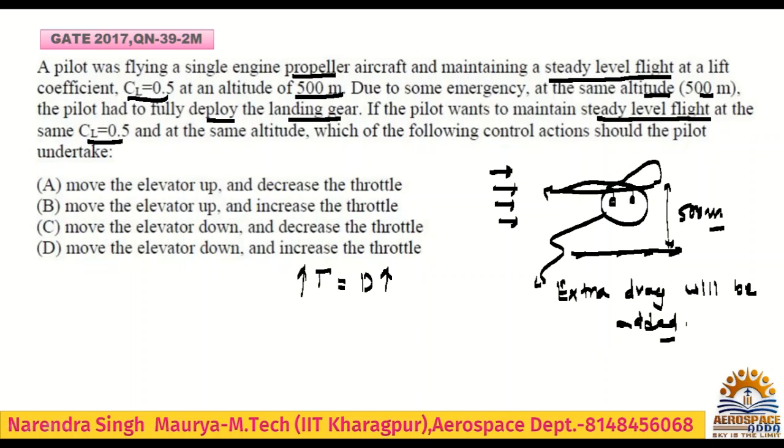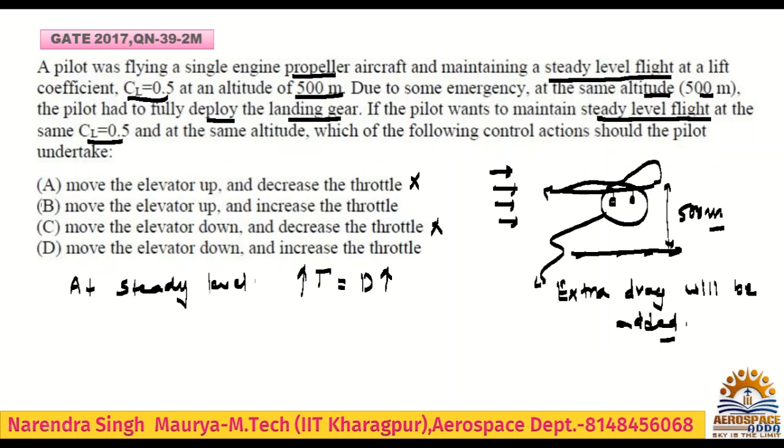Only then will the aircraft be able to fly at a steady level condition. If you want to maintain steady level flight, once drag is added because of the deployment of the landing gear, you have to increase the thrust. So decreasing the thrust is totally wrong, so you can remove this part.